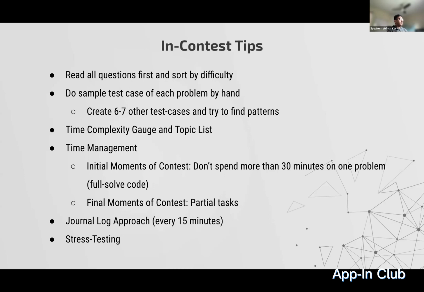And I guess the wording over here on the third bullet point is kind of ambiguous, but these are 2 separate additional tactics that you can use. First one would be the time complexity gauge. In almost all competitive programming contests, they'll give you bounds, and you can use these bounds for certain variables to gauge the time complexity of your algorithm.